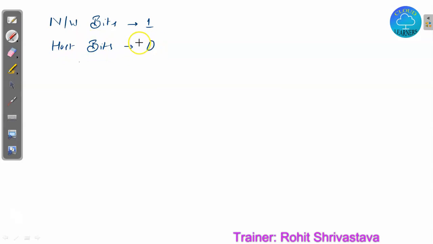After that, talking about some important things: what is network ID. First let me write the things once again: network bits we will represent by 1 and host bits we will represent by 0.